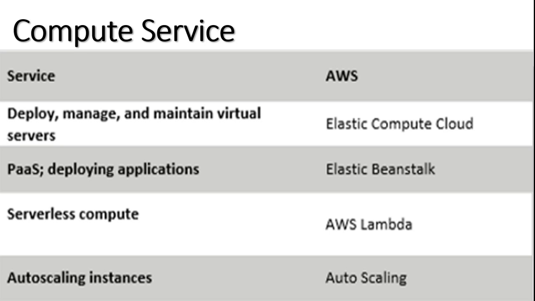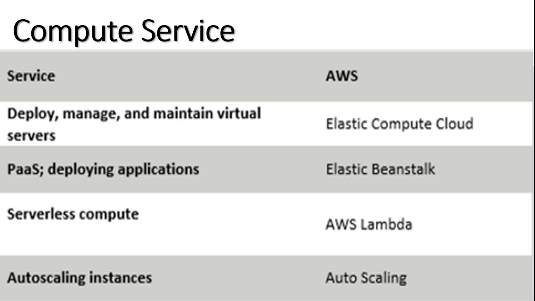So with the auto scaling service, I do not need to worry about scaling servers up and down. It does it for me automatically. If I enable this service in my cloud, it scales up and down automatically according to the requirements, depending upon the workloads.